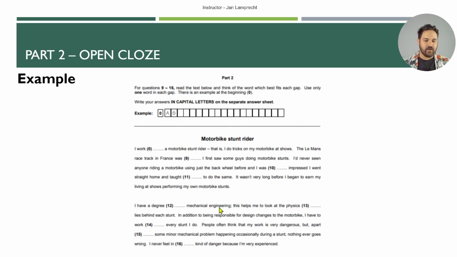Once you're done, you go back and apply the strategy by looking before and after the gapped text. That is the best you can do here, because with this type of task, you either know it or you don't. That's it. The best you can do is apply the strategy by trying to understand what is before and after the gap. There's nothing more that can help you really here.